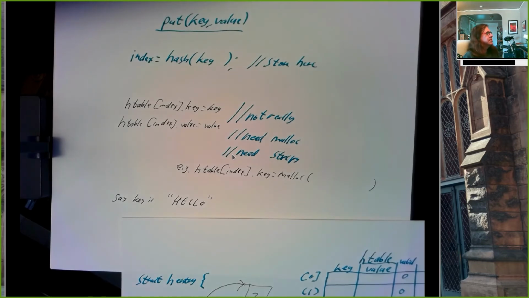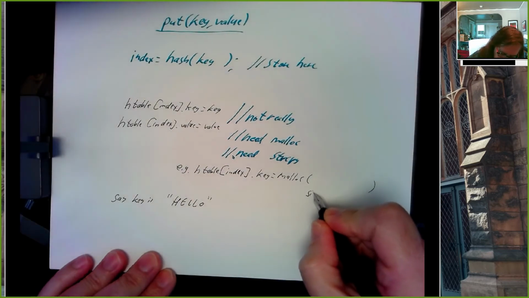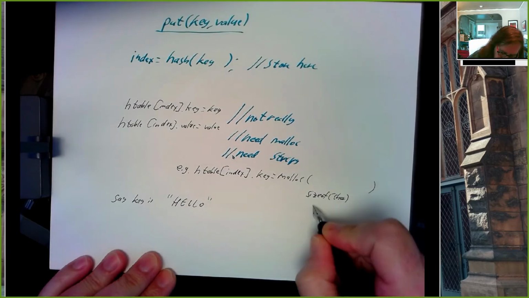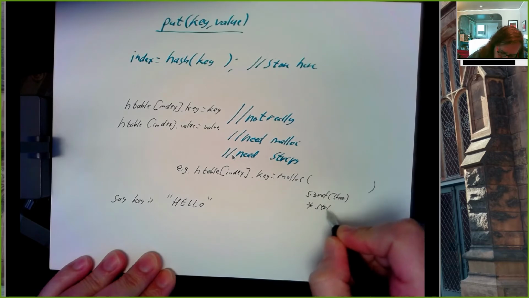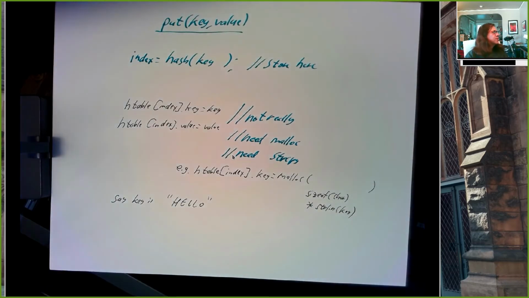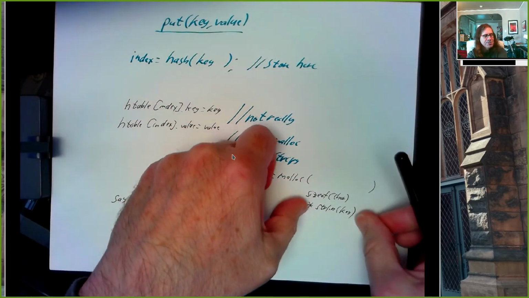Sizeof char times string length of key, I like that. That's sounding pretty good. So allocate however much we need to store one character times the number of characters in our string.